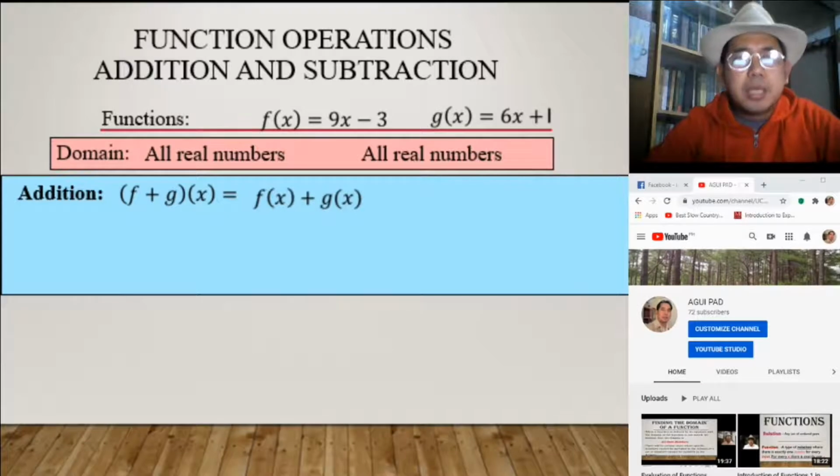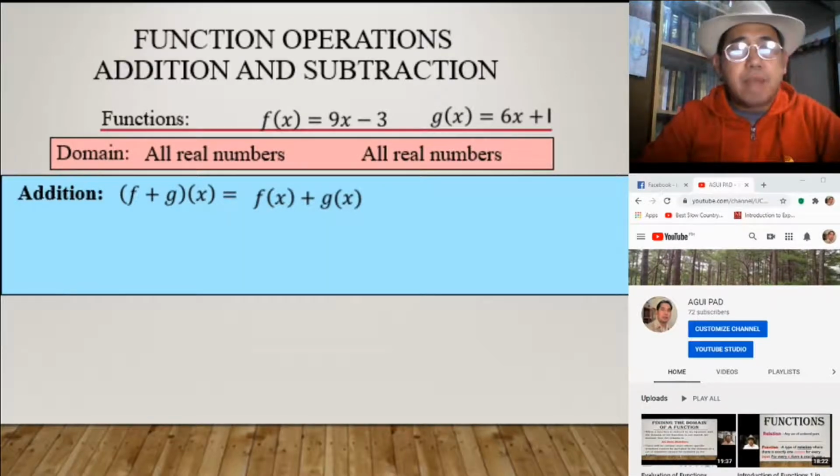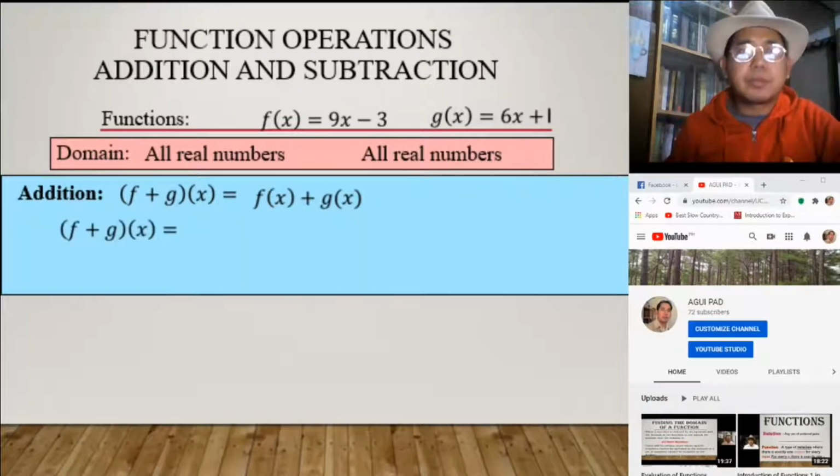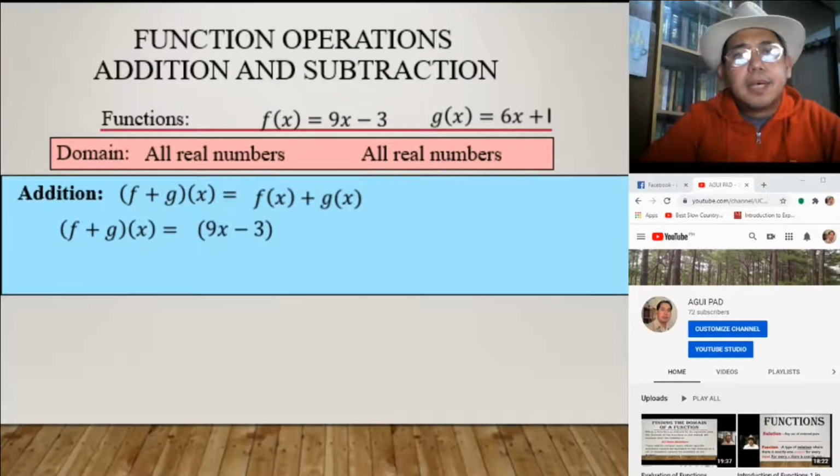Now, what is the definition of f of x? F of x is defined as 9x minus 3. And it will be added to the definition of g of x, which is 6x plus 1.